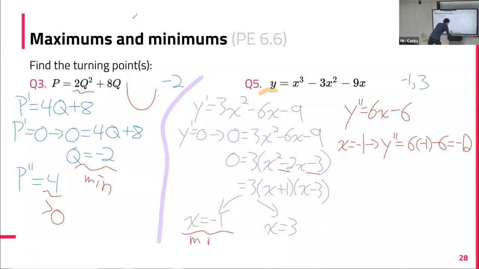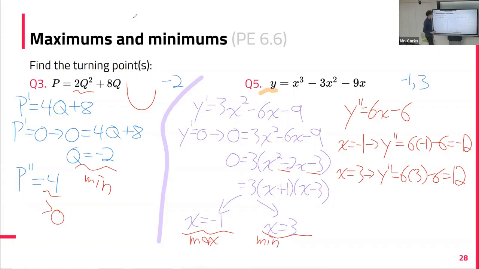So therefore, this is a maximum point because we have a negative number there, and then the other one, when x is equal to 3, y double prime is equal to 6 times 3 minus 6, which is +12. So here we have a minimum point.